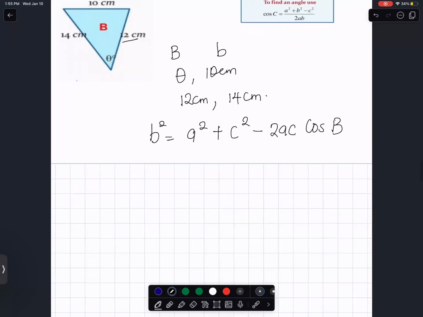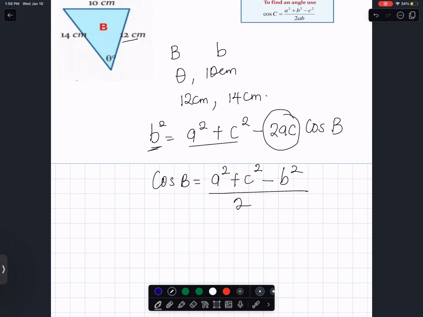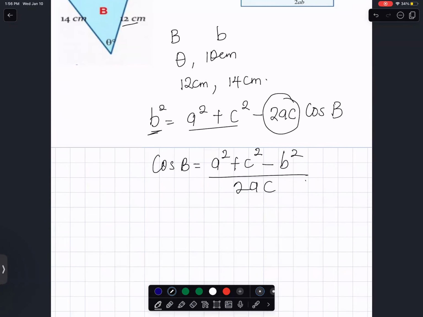Or you're using cos b, which is a squared plus c squared minus b squared, divided by 2ac. Any of these formulas will work out perfectly. So what is our cos b? That is what we are looking for. We don't have cos b.